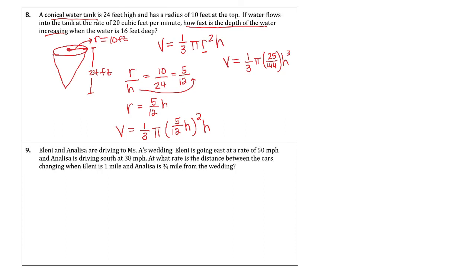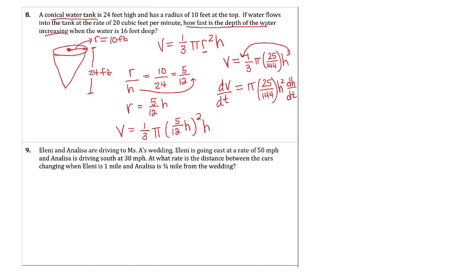Now we're down to one variable. Now let's see what happens when we take the derivative. So dV/dt equals, well, that 3 is going to multiply down to the front. Yay, that's what we were hoping to happen. So we're going to have pi times 25 over 144 h squared dh/dt.